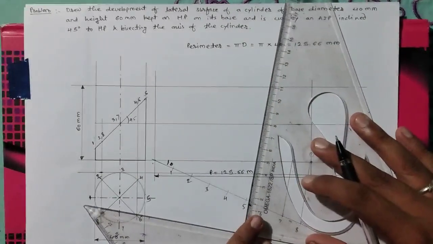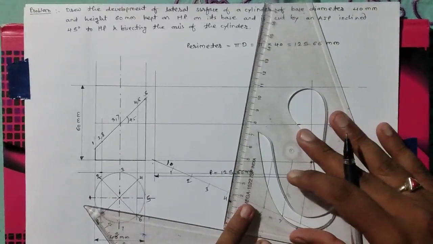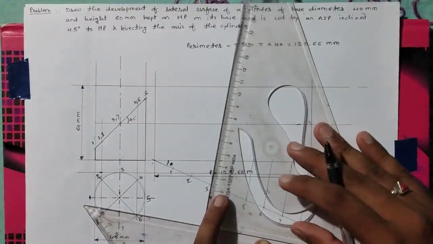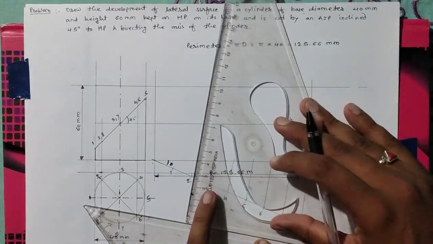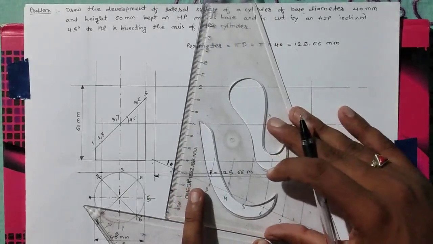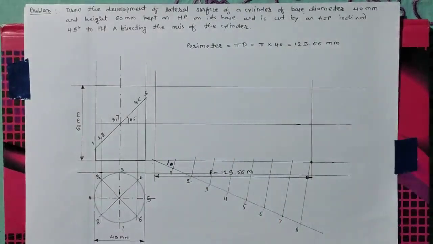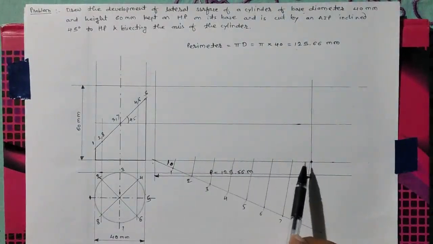This is dividing the edge of the rectangle into 8 equal parts. This is a very simple method to divide this circle, which is divided into 8 parts: 1 2 3 4 5 6 7 8.